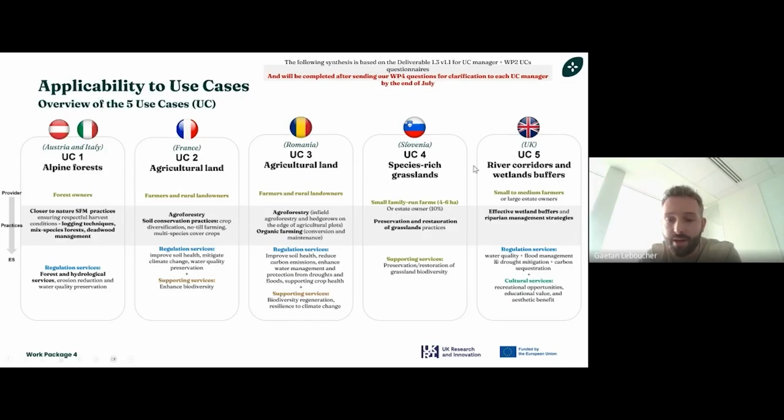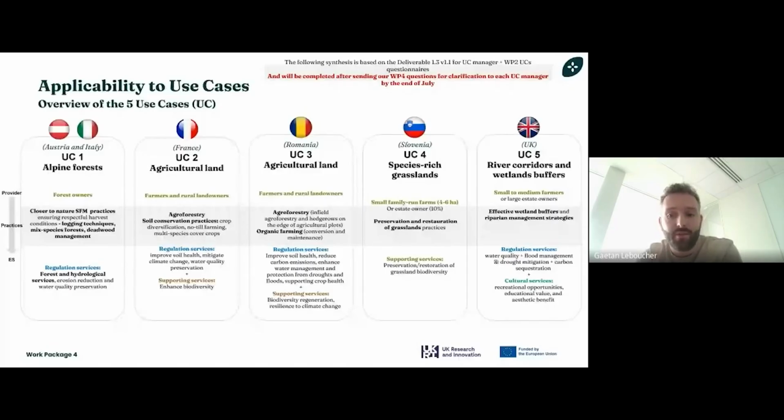Here we target farmers and rural landowners to implement agroforestry practices and soil conservation practices, such as crop diversification, no-till farming, or multi-species cover crops. And we focus on regulation services and supporting services more broadly, such as enhancing biodiversity.